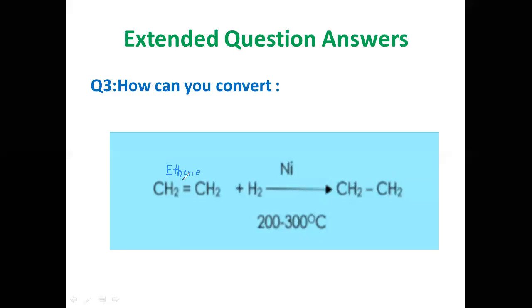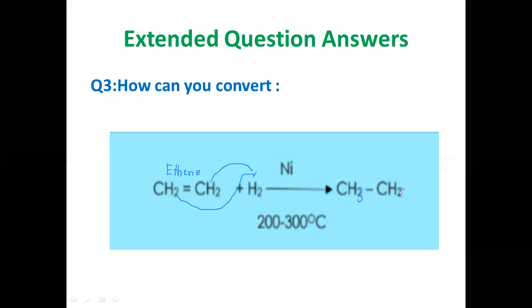So what will happen? The bond will break up, and this hydrogen atom, like there is a hydrogen molecule meaning two hydrogen atoms. So one hydrogen atom will add to carbon number 1, and one hydrogen atom will add to carbon number 2. So you can see that in this case, the hydrogen number becomes 3.